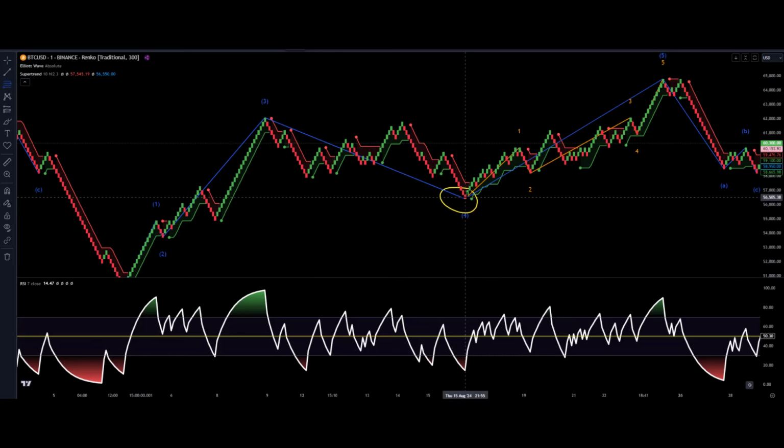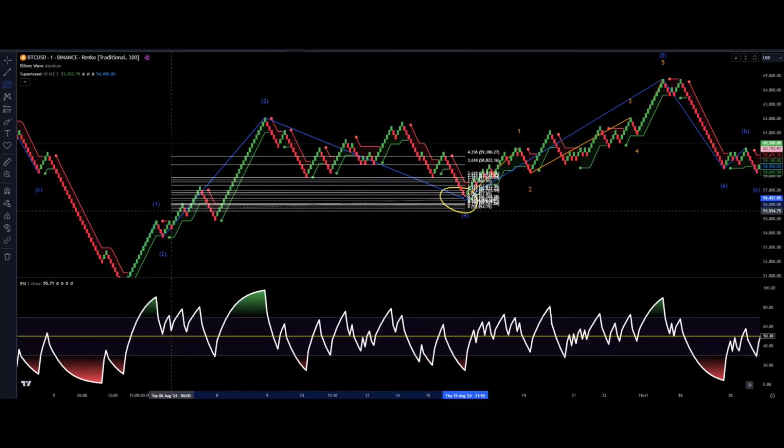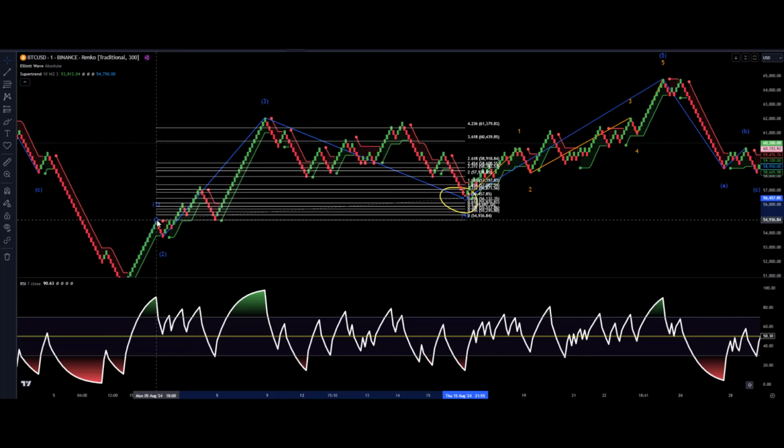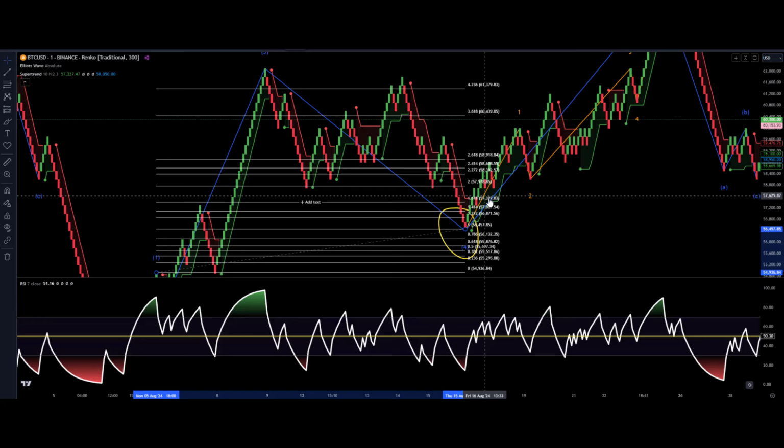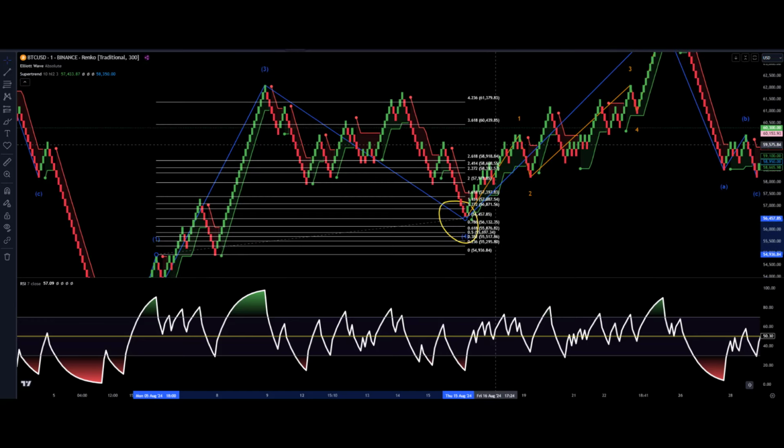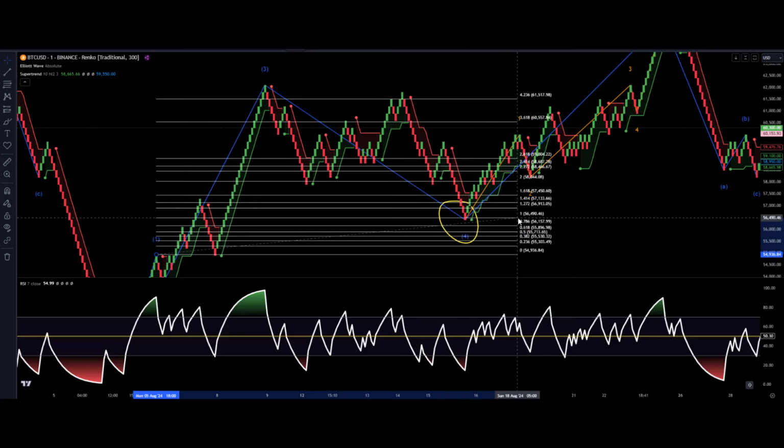Let's just draw them on. So there's the 4 ending, and where's number 1? It started there, and again let's just zoom in. Let's just move that also to the side a little bit. Where's number 1? Over there.